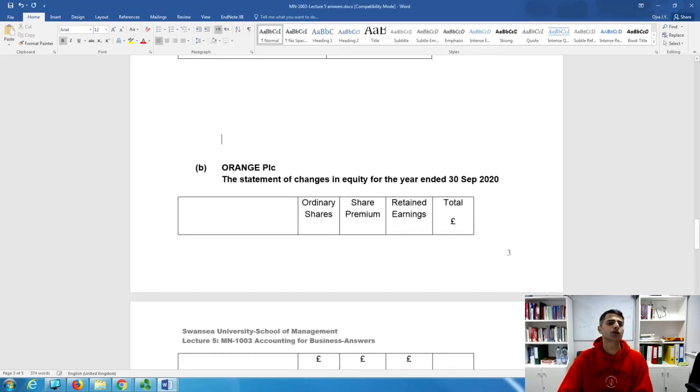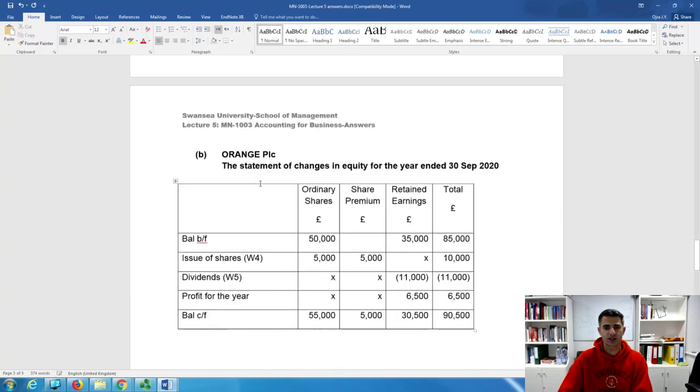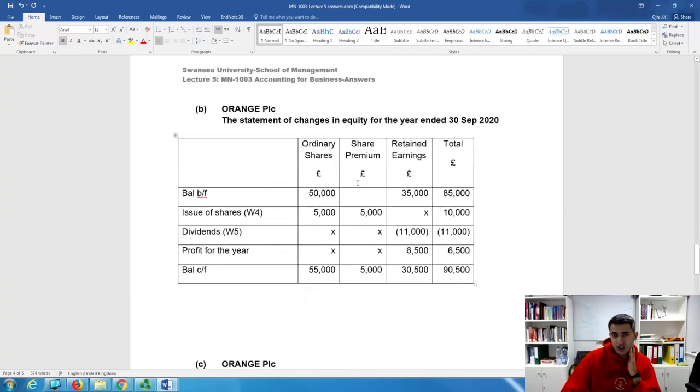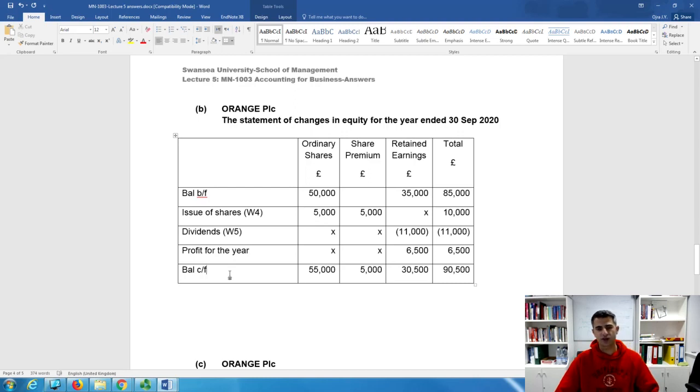And let me show you something that makes your life easier. Look, statement of change in equity: share capital, share premium, retained earnings, and the things that are fixed all the time here, including the balance brought forward, the issue of new shares, the dividends W5, the profit for the year, and the balance carried forward at the end of the year.